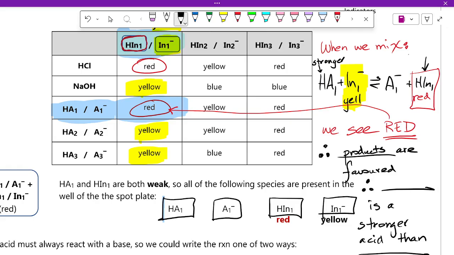HIn is the weaker acid because the weaker side is always favored. Okay, so HA, that should be a big A.